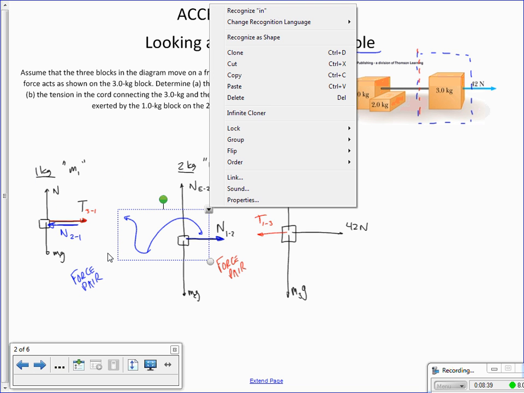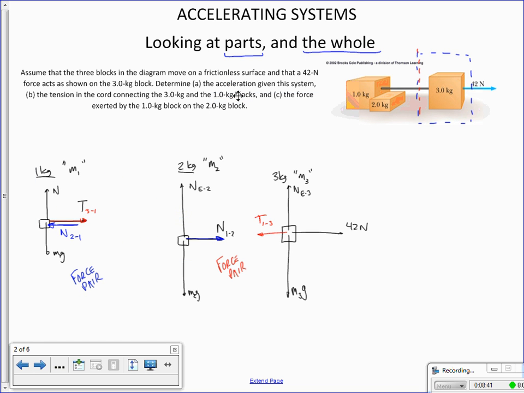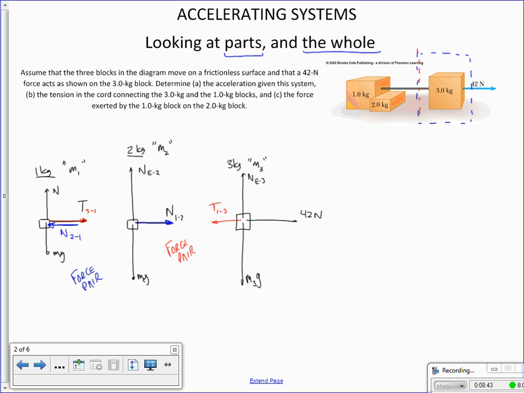Forget about that, delete. Just make sure you can identify those force pairs. My blues and my reds are force pairs. Notice, opposite direction, same kind of force.